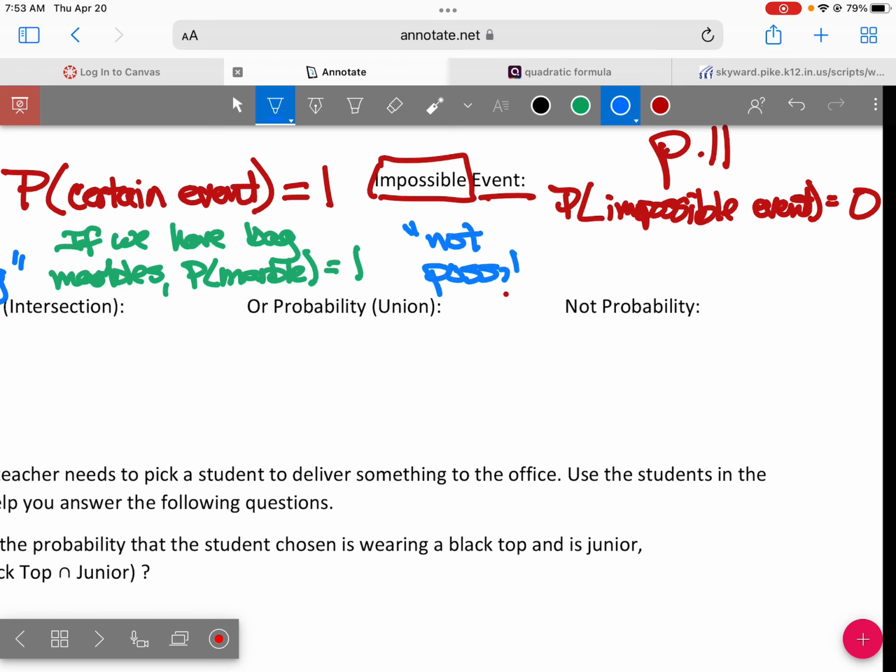Okay, not possible. And that would be like an example of what's the probability that pigs can fly? Well, have you ever seen a pig fly? Unless it goes by Delta or Southwest, Miss Dee Dee, right? Somebody was going to say that. It's 0. Okay? Never going to happen, so it's 0.